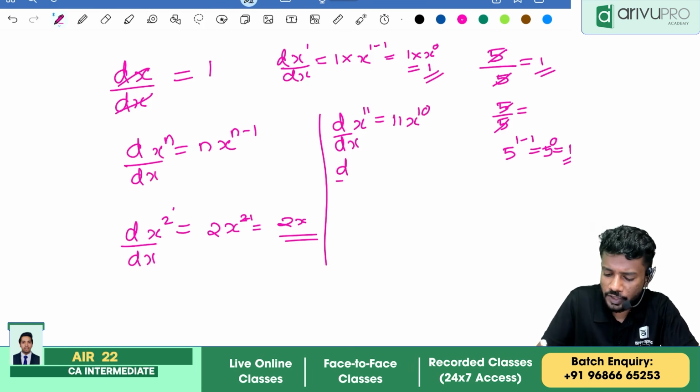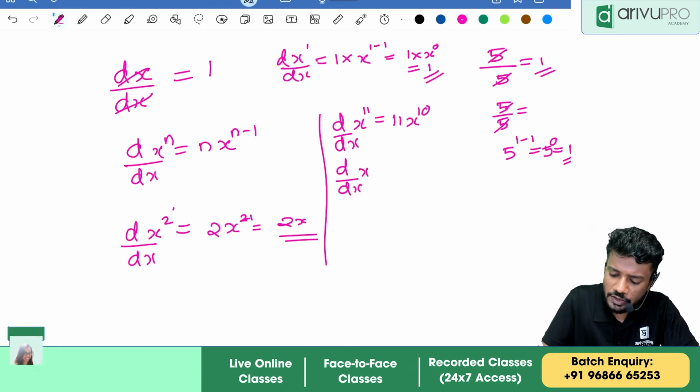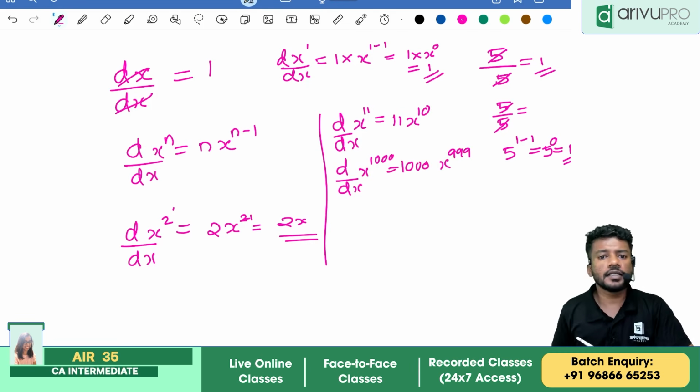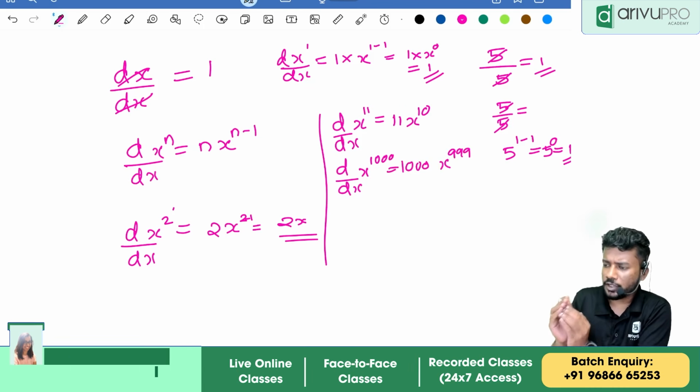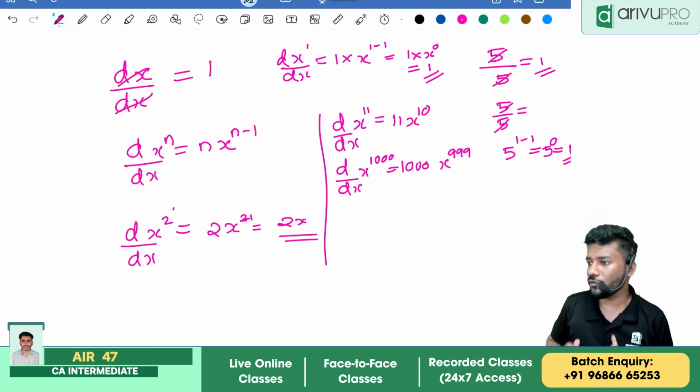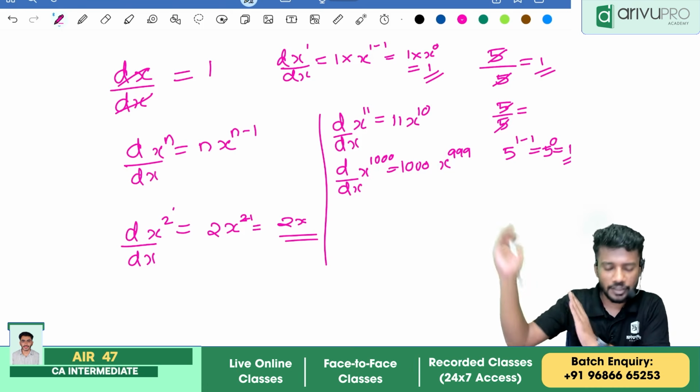Then, what is the derivative of x raised to 1000? 1000 x raised to 999. That means whatever value we have in the power, we will write it first into x raised to that value minus 1.